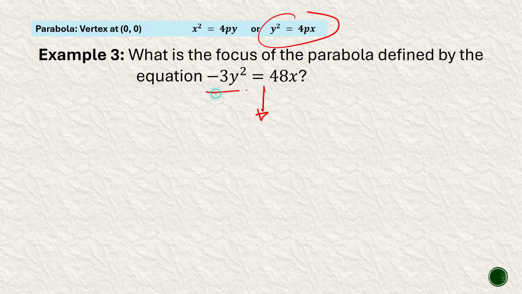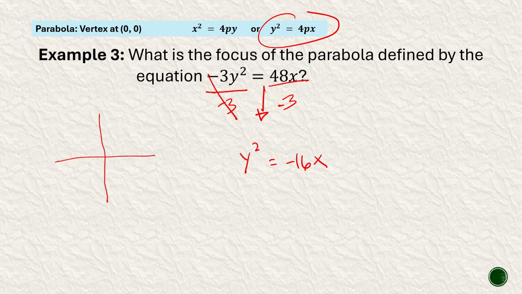To do that, I'm going to divide both sides by negative 3. So our y squared is equal to negative 16x. So if it's negative 16x, that means this parabola opens to the left.